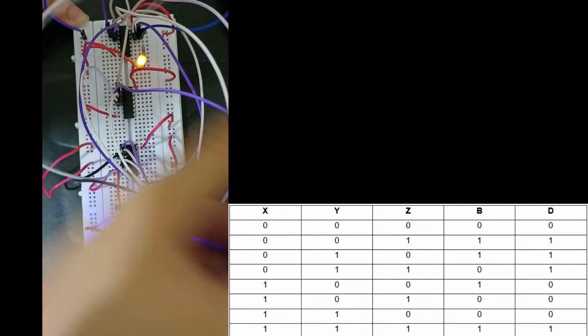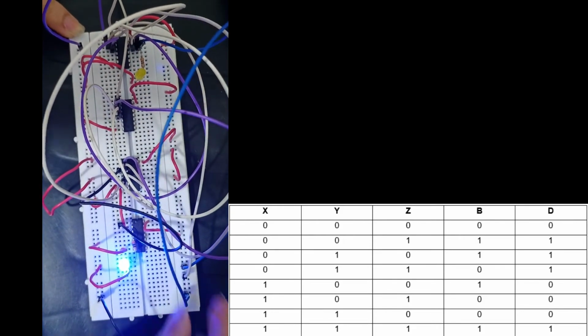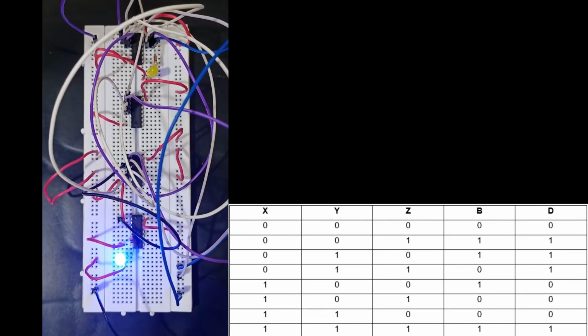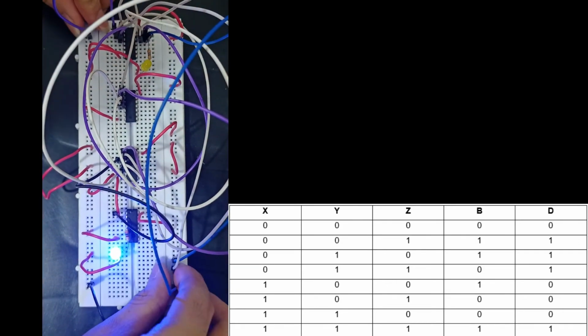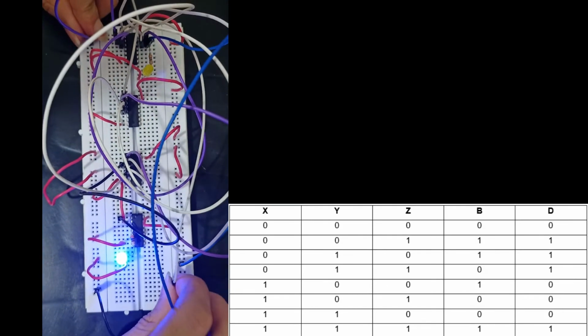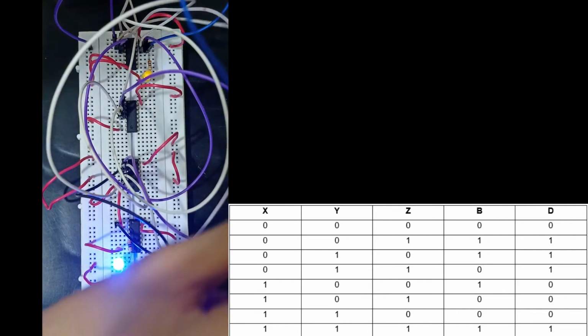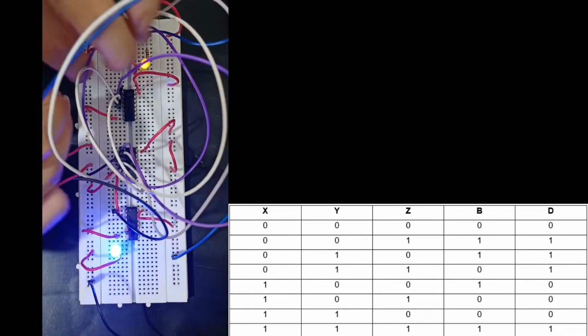For inputs 0, 1, and 1, the output will be 0 and 1. For inputs 1, 0, and 0, the output will be 1 and 0.